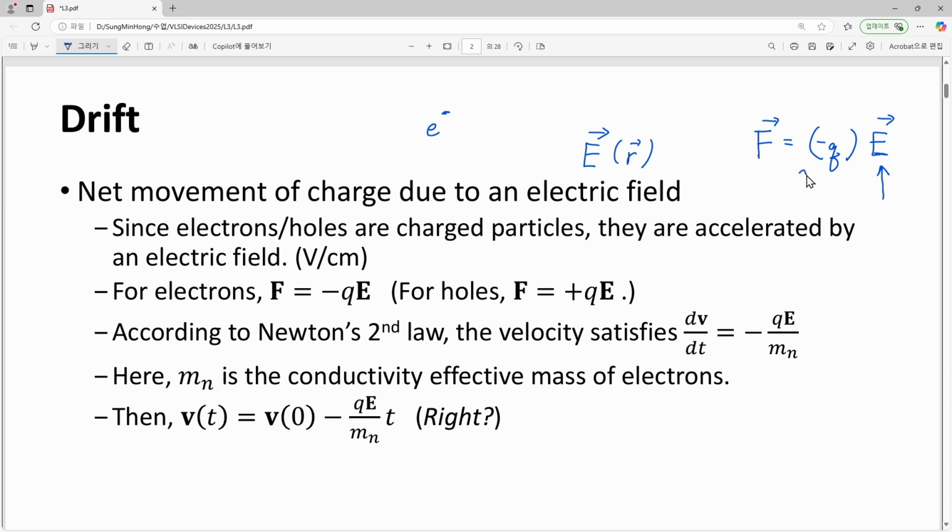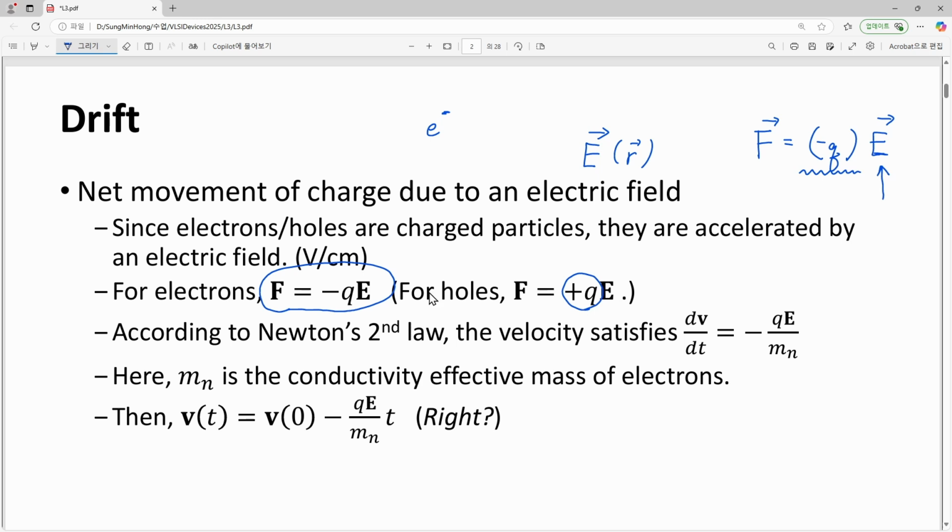Since our electron is negatively charged, it experiences a force in the opposite direction from the positively charged one. So this is the expression for the force exerted on electrons, and of course for holes this is a positive q, so don't be confused with this sign difference.